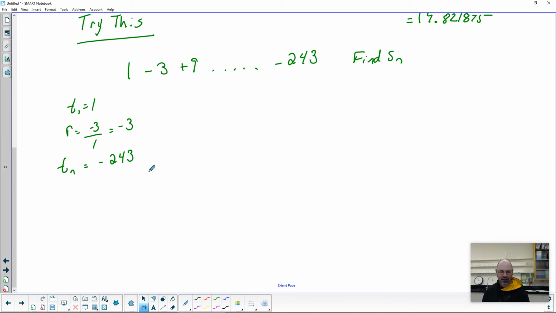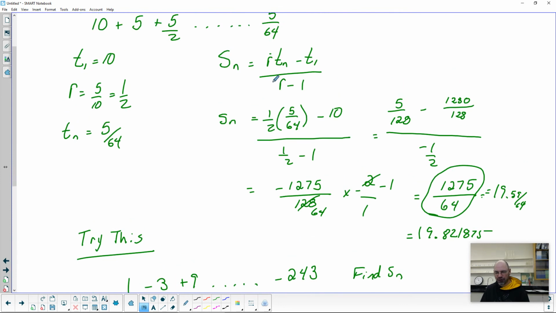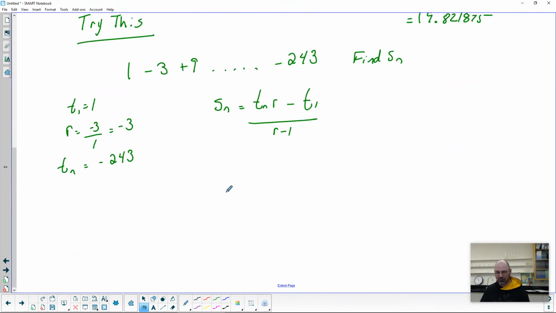Okay, so this is going to get us into using that formula for Sn, where we are given a Tn, R, and T1. Okay, same one we used here, except I wrote the R in front, but it doesn't matter if the R comes there or second.